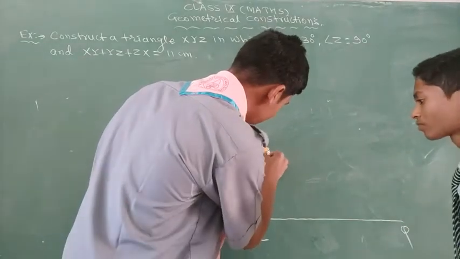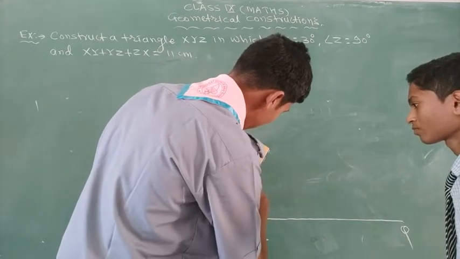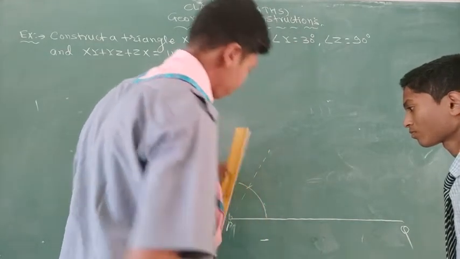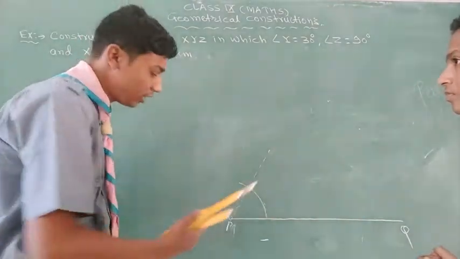It's an angle of 60 degrees. Now we have to bisect it to get a 30 degree angle.